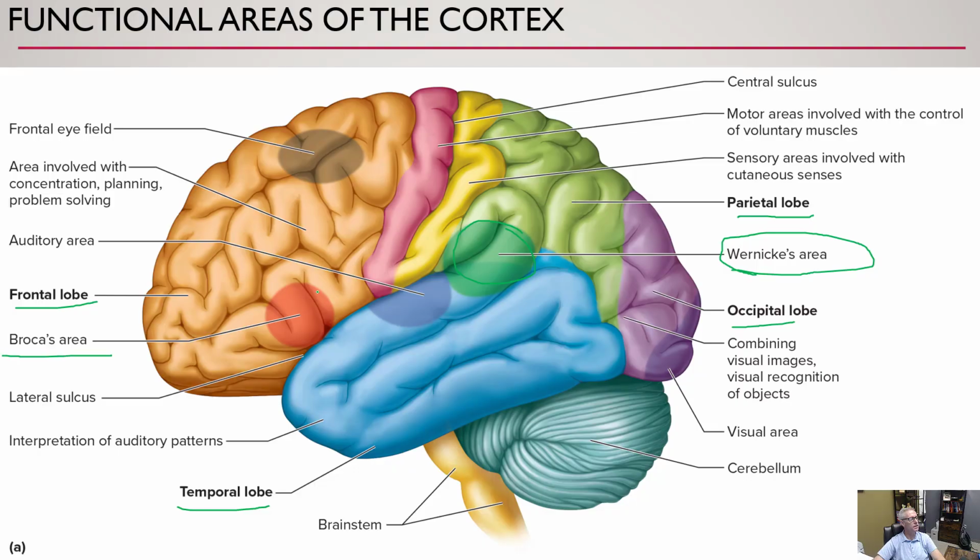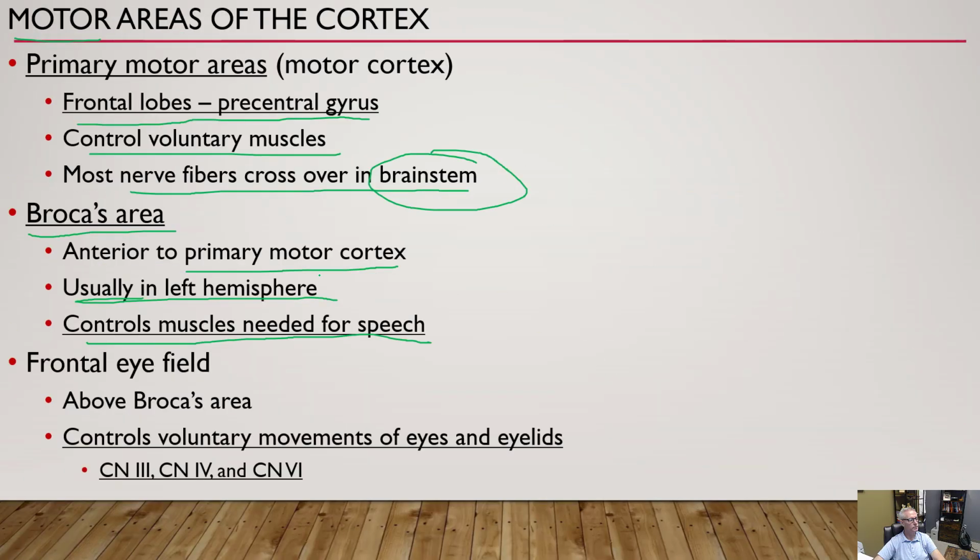Broca's area is right here. So again, speech. We have Wernicke's area and we have Broca's area. So speech perception is Wernicke's area and the motor component is going to be Broca's area.